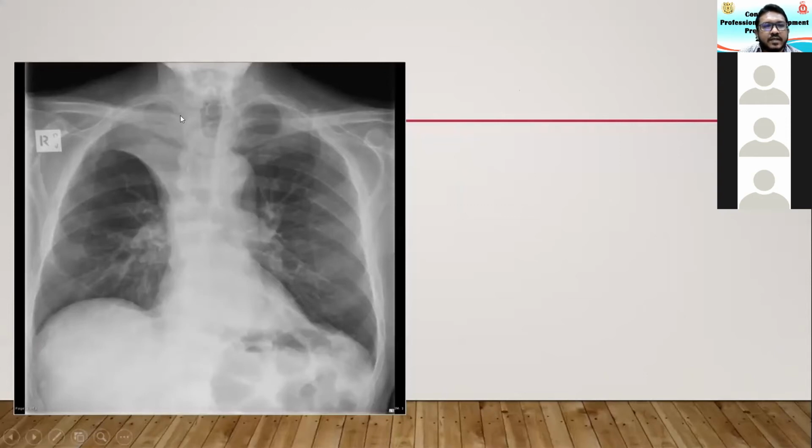There's opacity in the right apex, and the right cardiac border and the diaphragm are intact. And this is what you call right upper lobe collapse. And if you have a tumor here, you will have a reverse S sign. So you call it the Golden S sign, and unless proven otherwise, it's because of a large bronchial mass obstructing the right upper lobe bronchus. This is upper lobe collapse.